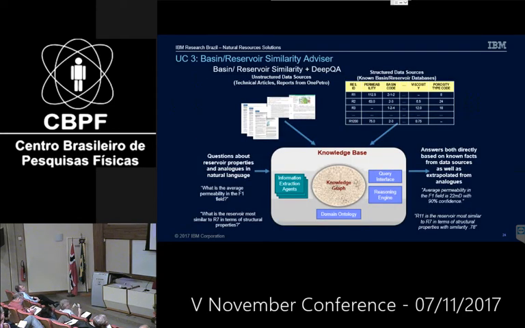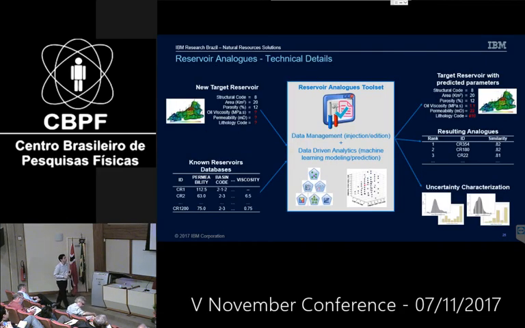Okay, then I go to the next step. Ooh, 2 minutes. I need to go quickly. Sorry. The next use case is that I have some structural data. I have some information, and I want to extrapolate it using my knowledge base, my information from former projects, or combining it with my basin model and my seismic interpretation.